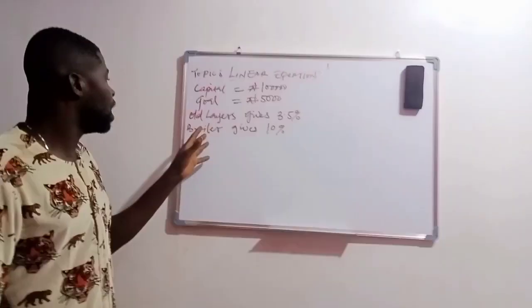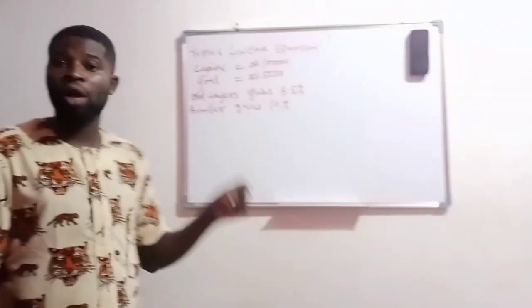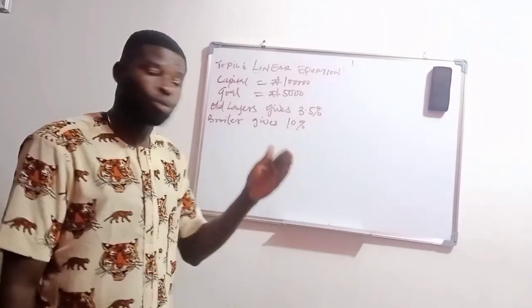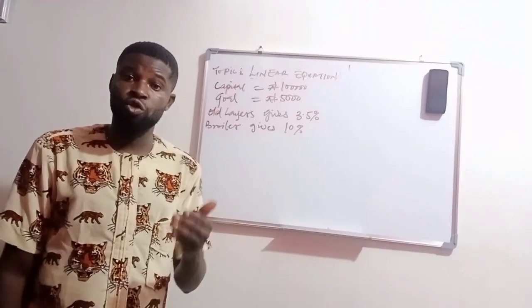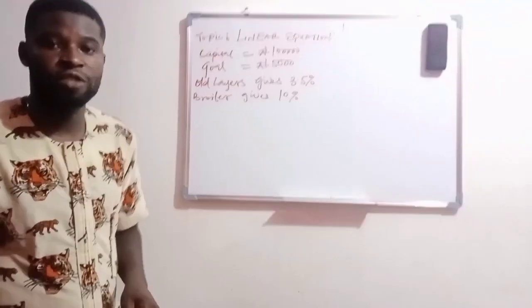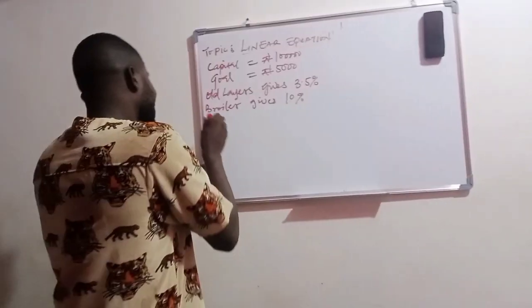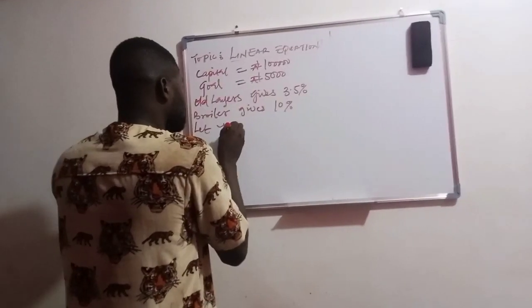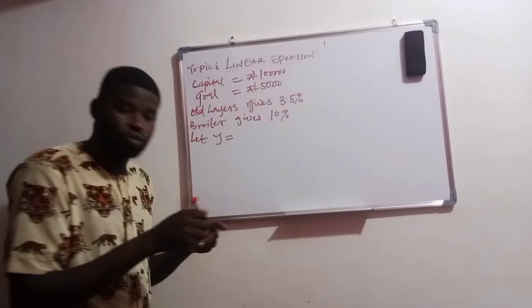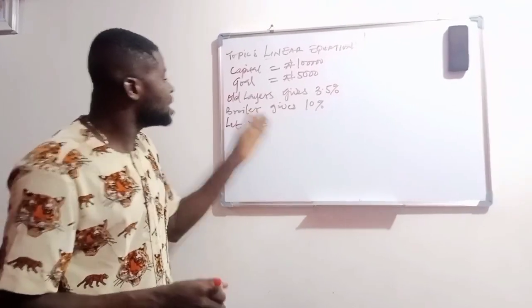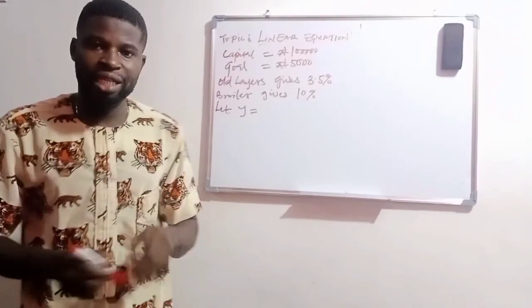So now, getting to this point, in anything you do in life, you use what you have to get what you want. So, from this point, we say let y be equal to the amount of money set aside for old layers.